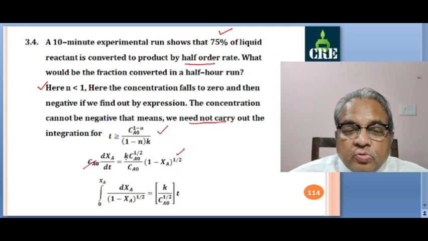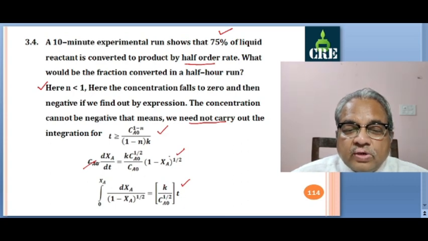So k C_A0 raised to half, in the denominator you will get C_A0 raised to this. If we cancel out with this, you get C_A0 raised to half. So k by C_A0 raised to half, and integral dt from 0 to t is t simply. So on right hand side you get k by C_A0 raised to half into t.